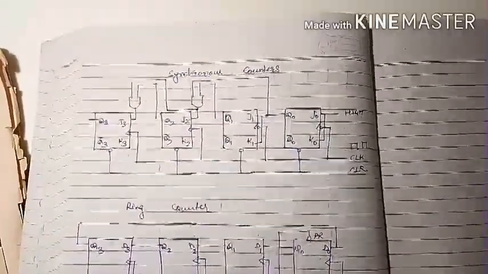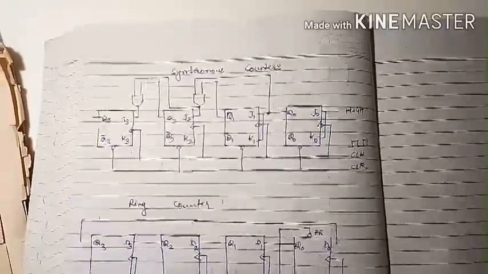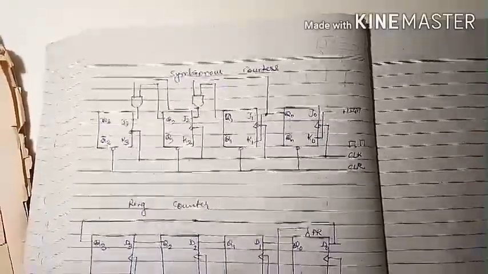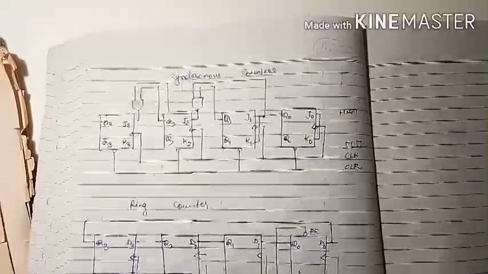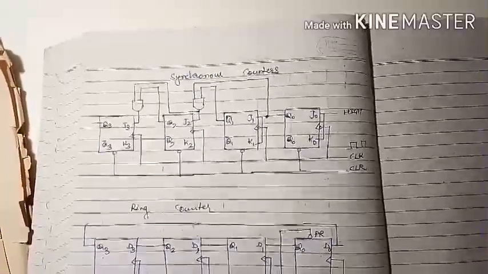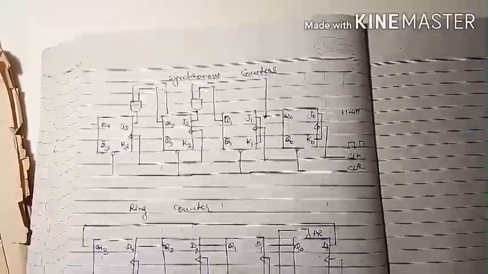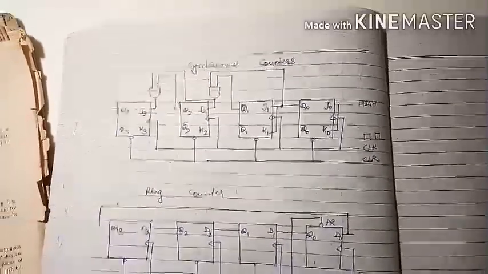The Q2 flip-flop toggles only when Q1 and Q0 are 1s. And Q3 flip-flop toggles only when Q2, Q1 and Q0 are 1s. In other words, a flip-flop toggles on the next positive clock edge if all lower bits are 1s.